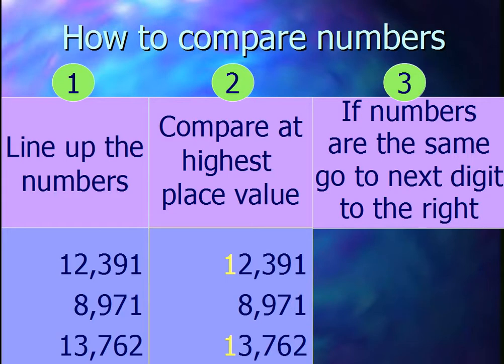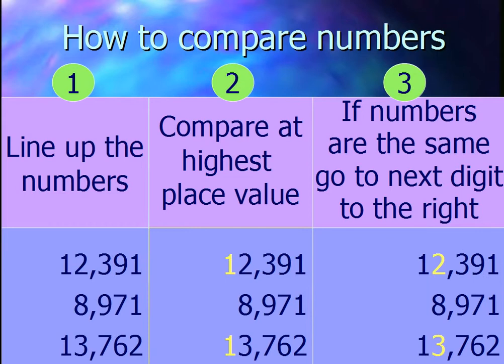So you start from the left and you keep going until you can determine which one is greater. So you would go to the 1,000s spot and determine which one has the higher value. In this case, because 3 is greater than 2, 13,762 is greater than 12,391. And then 8,971 would be the smallest number in this set.